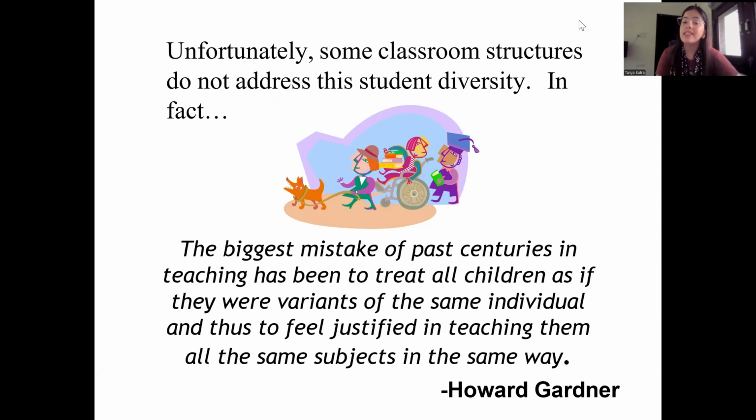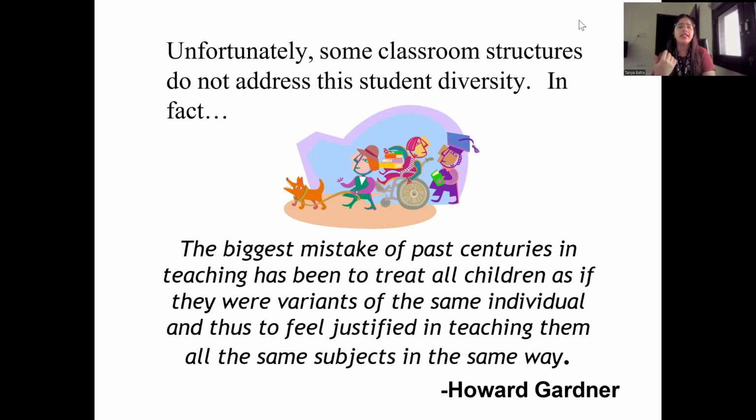The biggest mistake of past centuries in teaching has been to treat all children as if they were variants of the same individual, and thus to feel justified in teaching them all the same subjects in the same way. This is given by Howard Gardner.